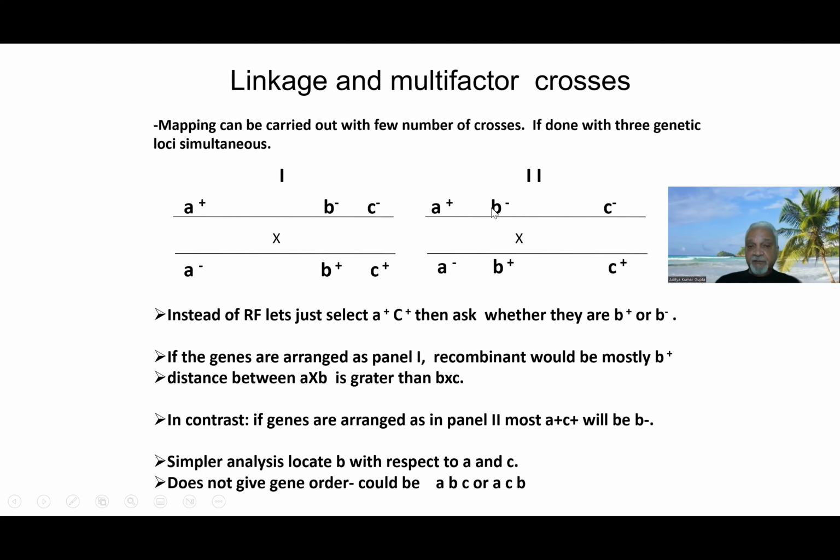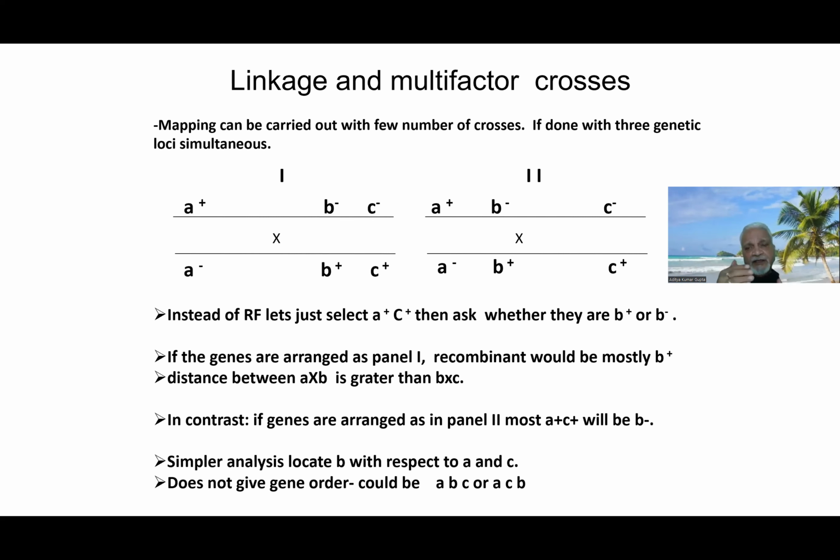You see A plus, B minus, and C plus. So in just one crossover, you can decide the relationship between A, B, and C. That is whether A is closer to B or B is closer to C. Like whether this is the arrangement where B and C are closer, or this is the arrangement where A and B are closer. So it's a simple analysis.